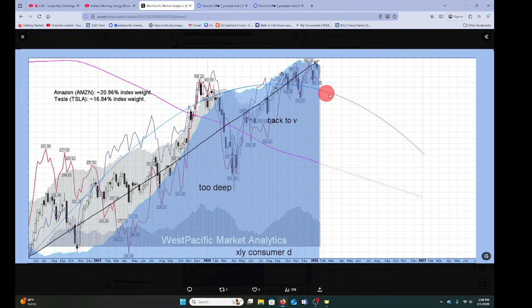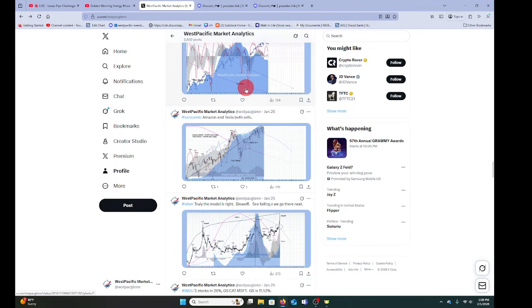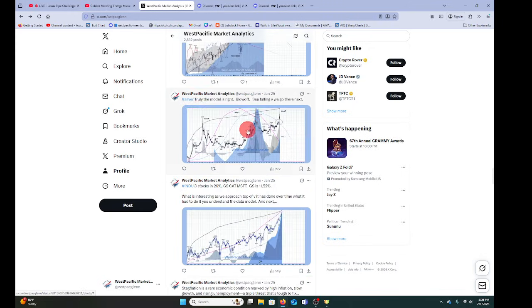Because we still had not topped out. The momentum is only now just topping, and we're only just starting to roll over. So both Amazon and Tesla, which are of course driving this, look pretty topped out here. So that's another indicator that we're getting ready for some sort of sell-off here into the next quarter. And we could see that in the technology area, the AI area, and in those models as well.